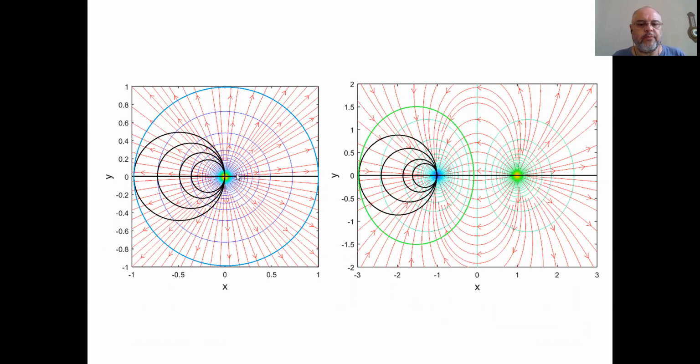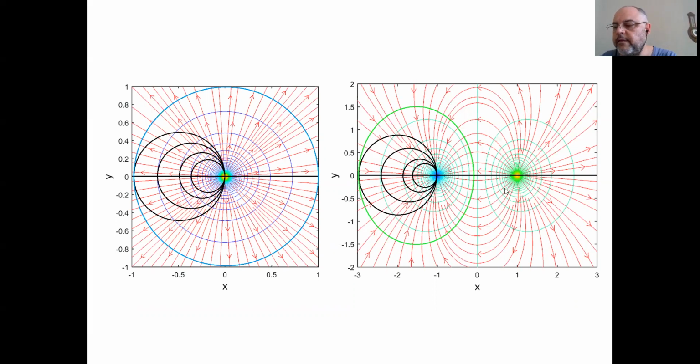Just to have an idea of what is happening, if we consider the monopolar configuration, when we place a pole of a magnet at the top of the ferrocell, these red lines are the magnetic field. These blue lines are the isopotentials, and the light patterns are these circles tangent to this point.